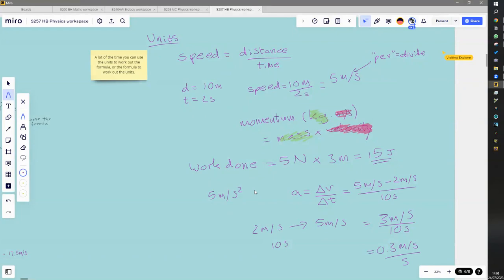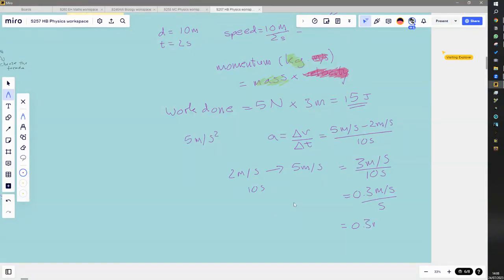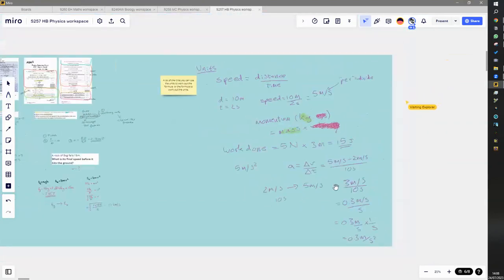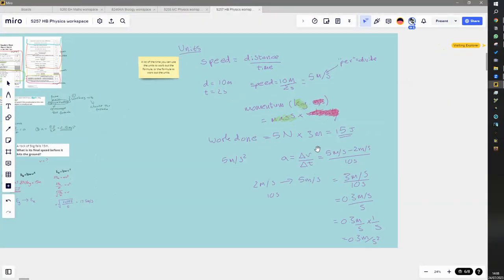Well, that's the same as saying 0.3 m over s multiplied by 1 over s, which is 0.3 m over s squared, and that's why the unit is meters per second squared. So you can actually get away with saying meters per second, but you'll more commonly see meters per second squared. So that's how you can use formulae and units interchangeably to remind yourself of each one.